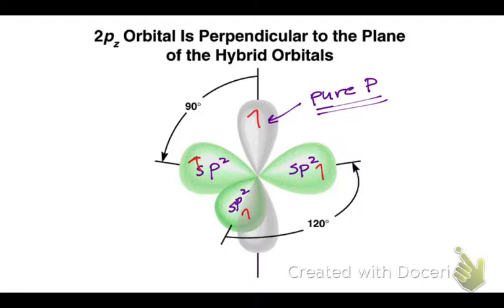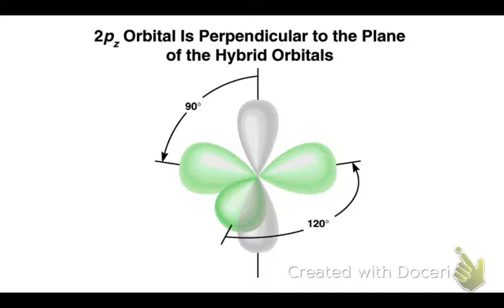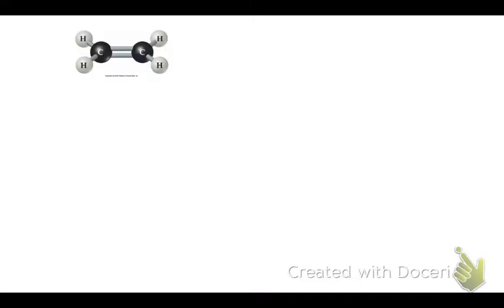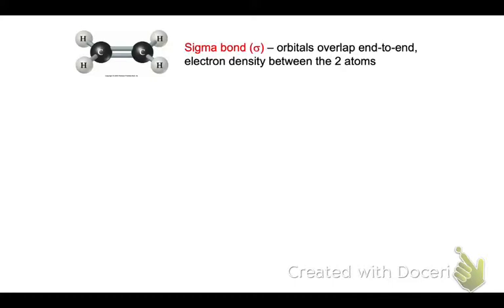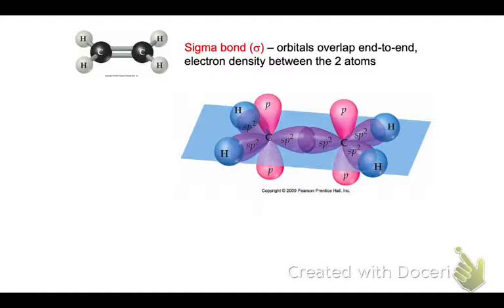All right, let's move to the next slide. Here is an example of a carbon doing a double bond. If we are looking at the carbon, we're going to now identify the bonds as either sigma bonds, which are the orbitals overlapping end to end, with electron density between the two atoms. And then we are also going to look at something we call the pi bond. But first, let's look at the sigma.